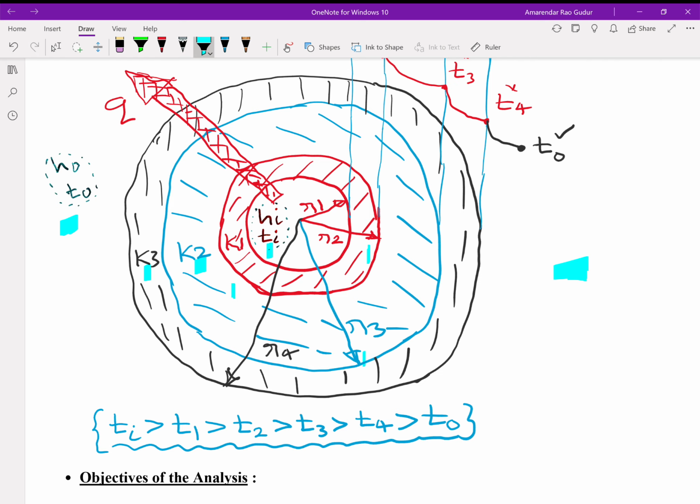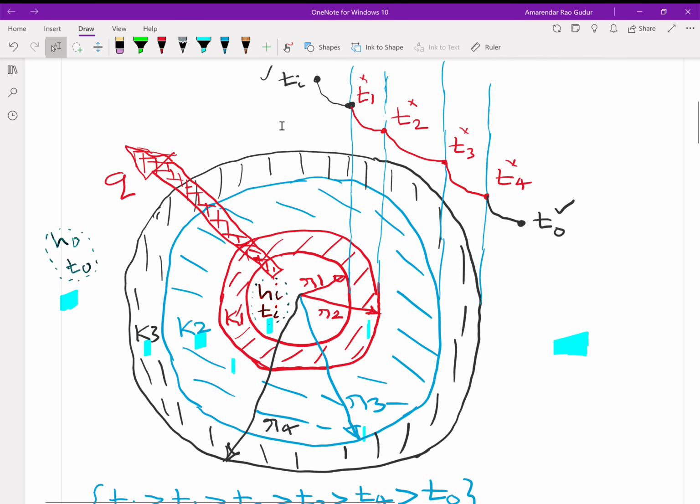Then in order to have continuous heat transfer at a steady rate, we assume that Ti is the highest temperature, T0 is the lowest temperature, sandwiched by surface temperatures T1, T2, T3, T4. As a matter of fact, we have only Ti and T0, and we'll be looking for two parameters in our analysis. One is heat transfer rate, the other is surface temperatures.